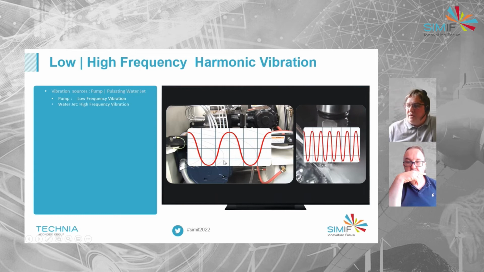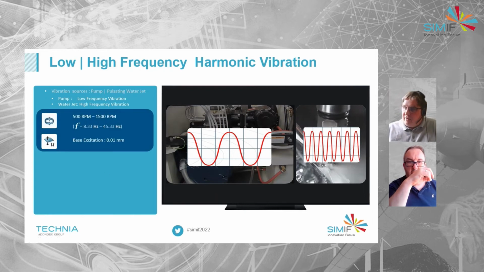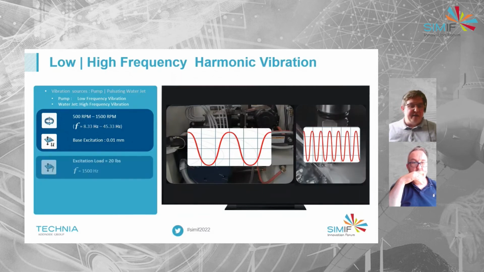So we've got a low frequency coming from the pump, and we've got high frequency coming out of the nozzle. The pump is going to be rotating between 500 and 1500 RPM, and it's going to have a base excitation of 0.01 millimeters. So we're going to have a frequency between 8 and a bit and 45 and a bit hertz coming from that.